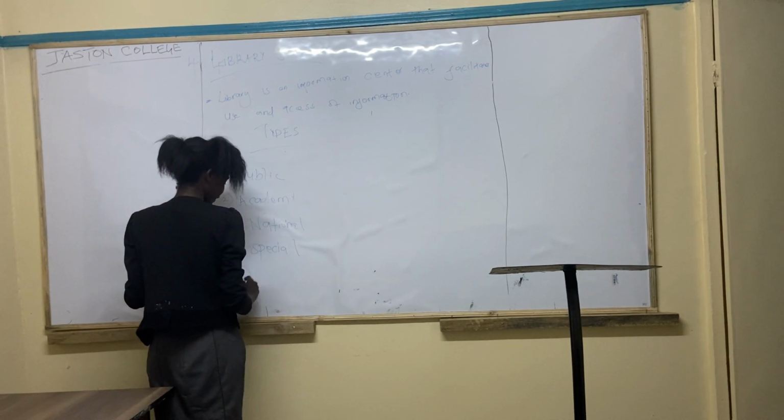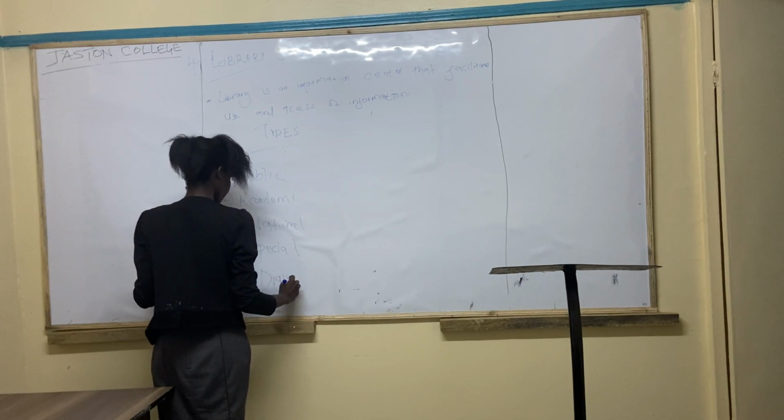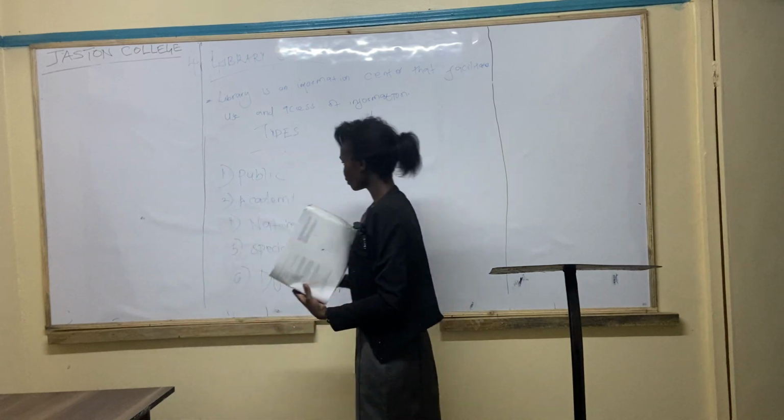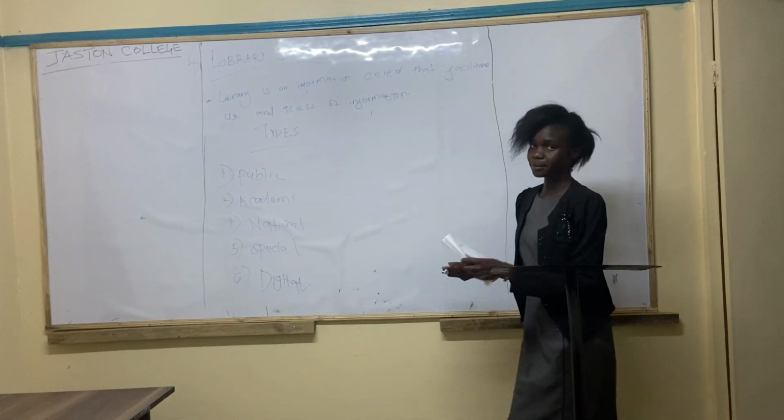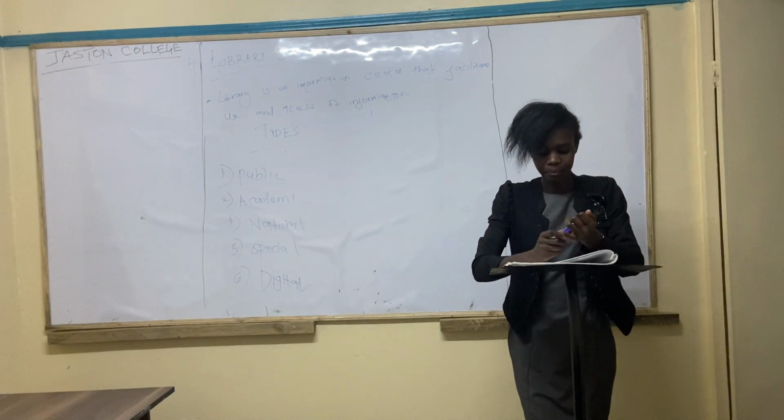So these are types of libraries, and we are going to start with the first one, that is public library.